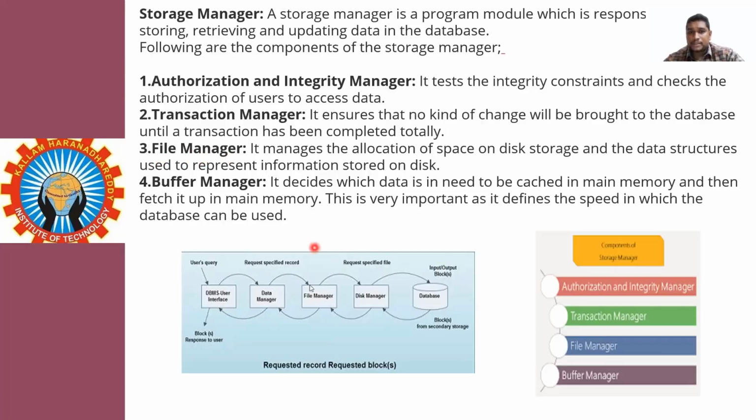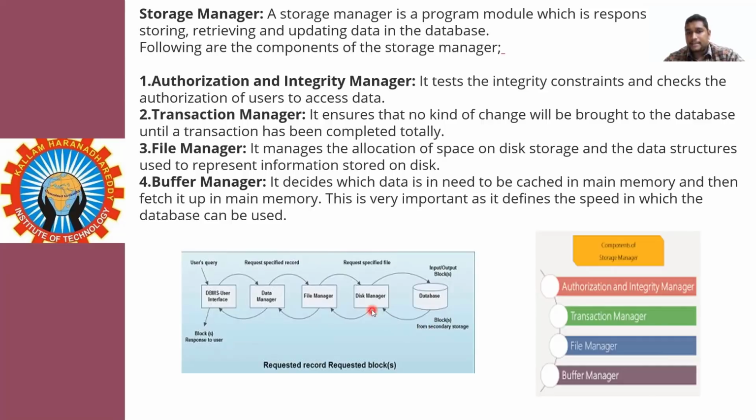The file manager processes whether the space is available or not. If the space is available, then it goes to the buffer manager. Now the action happens so that it can take the data from the database and process it, and vice versa to the user. Request to the record, request to the file, and go to the database.